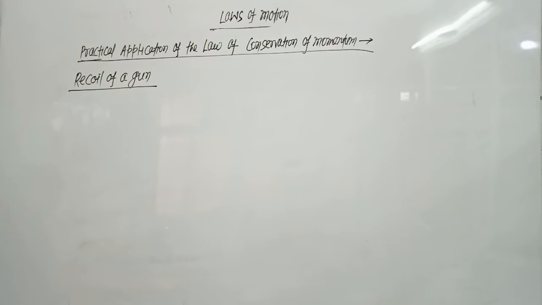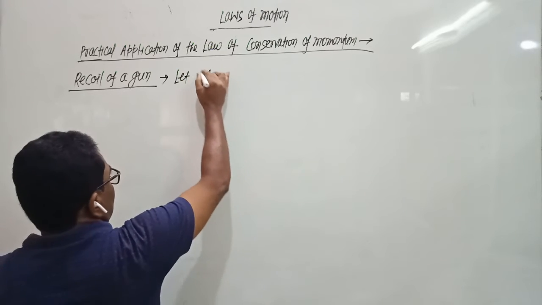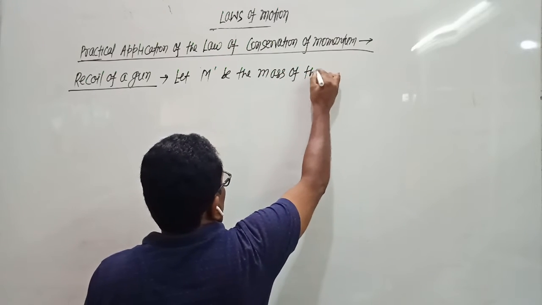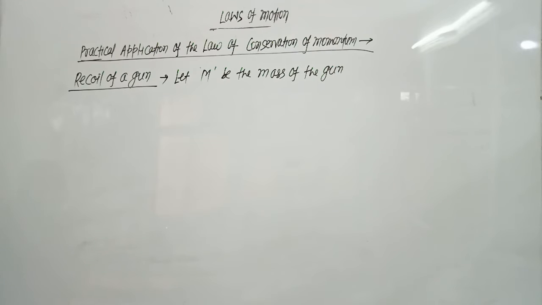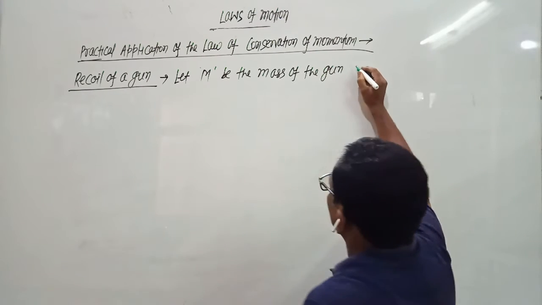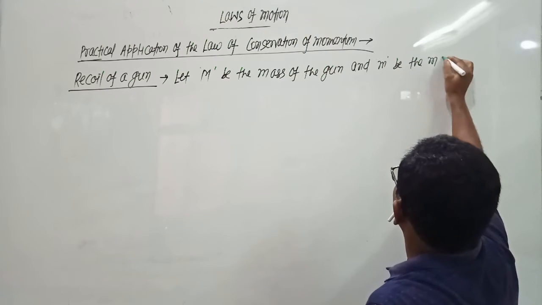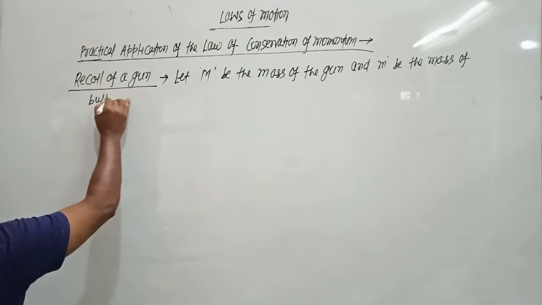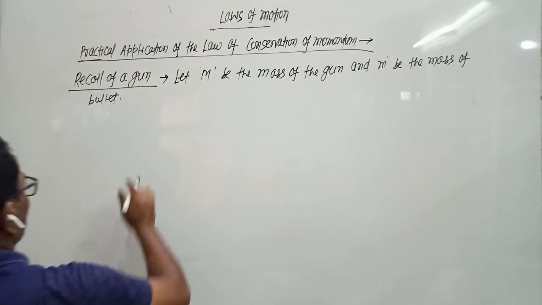For this we assume, let capital M be the mass of the gun and small m be the mass of the bullet.